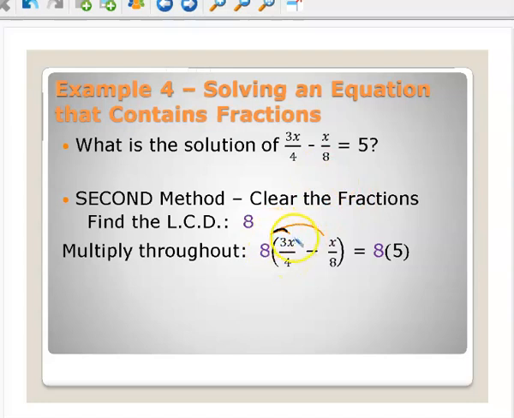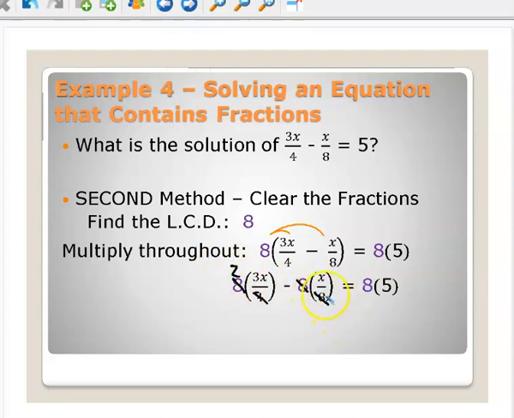Okay, so I'll use the distributive property. And if I multiply this first fraction by 8, you'll notice that I can cross-cancel the 4 and the 8, but there's going to be 2 left over. Okay, so watch what I'm going to do here. I cross-cancel here, right? How many 4s are in 8? There's 2 here. If I cross-cancel the 8s, they just go away.